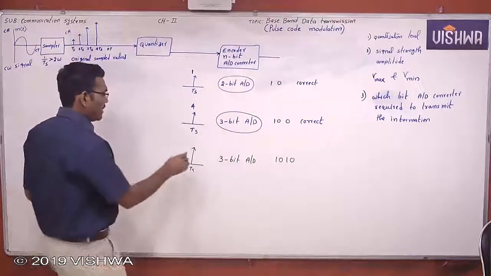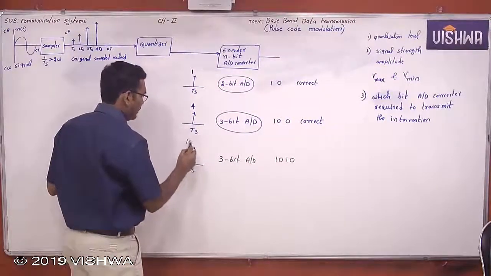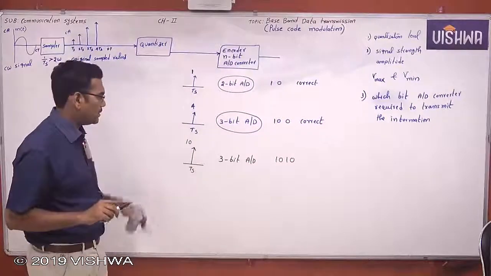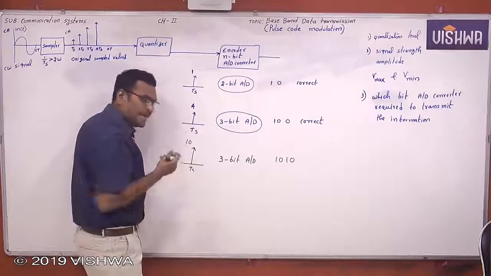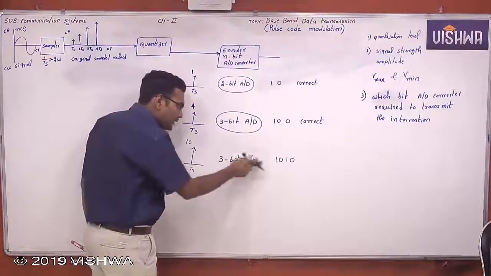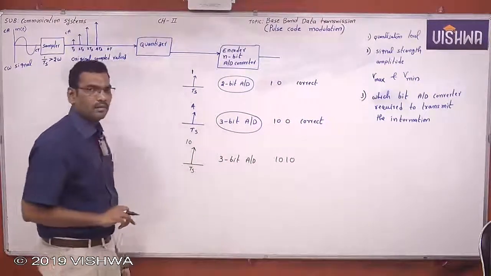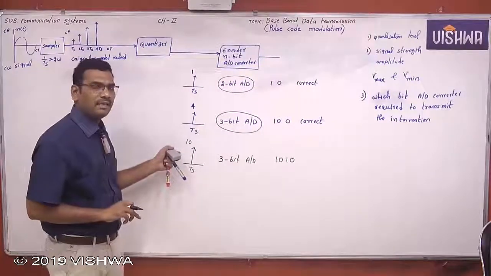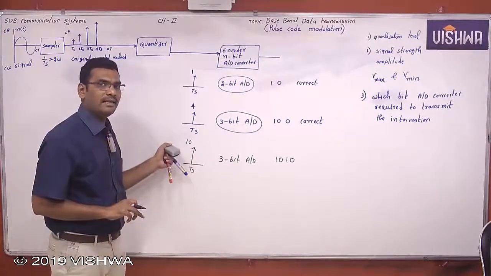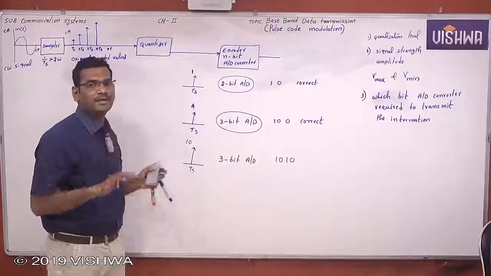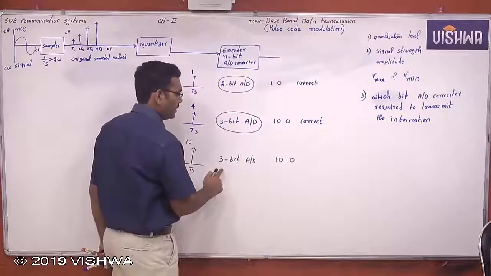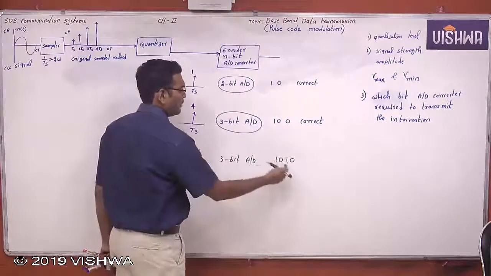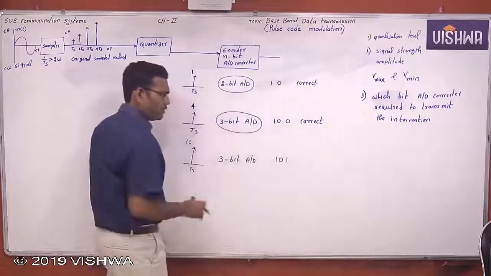If one of the sample strengths is 10, so for the signal strength 10, can I accommodate it in a 3-bit A to D converter? No. For representing a signal strength of 10, how many minimum bits do we require? We require a minimum of 4 bits. But how many are you taking? 3 bits. So converting into 3 bits is not possible, right?